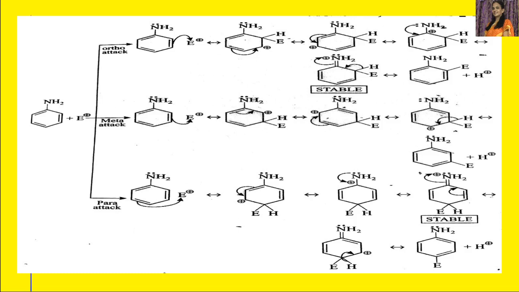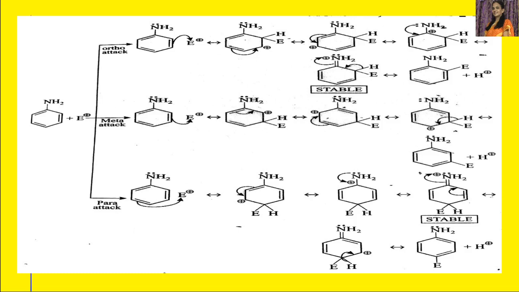And finally, this sigma complex loses a proton to form the disubstituted product, that is, the meta disubstituted product.